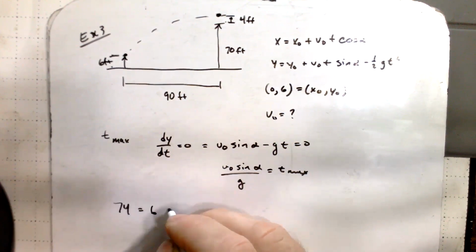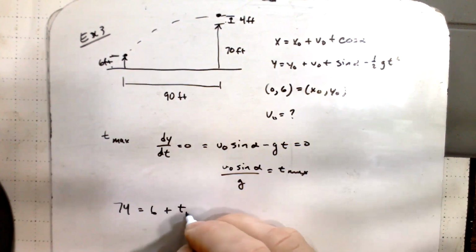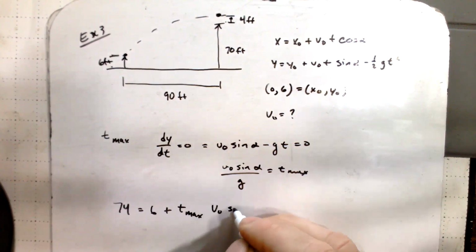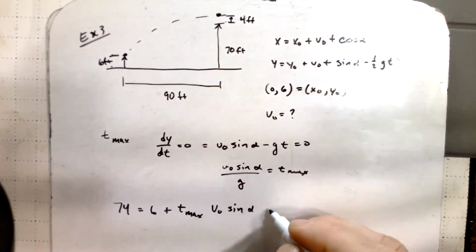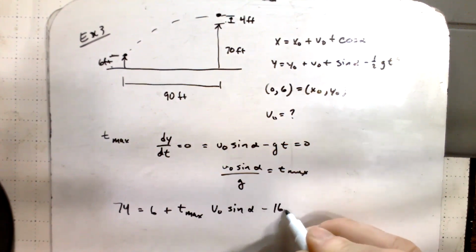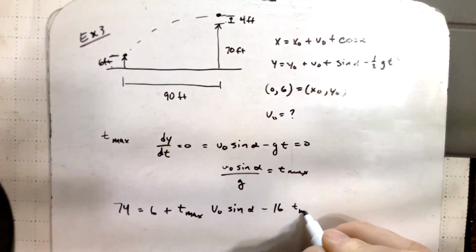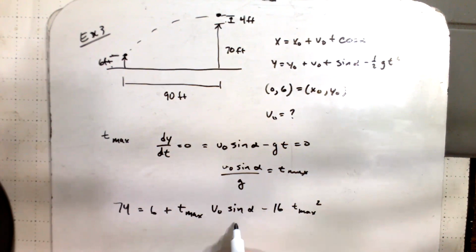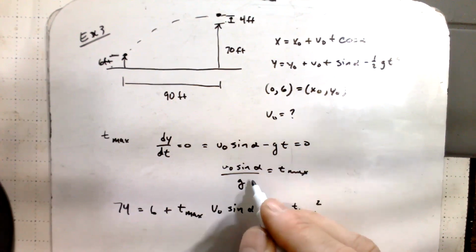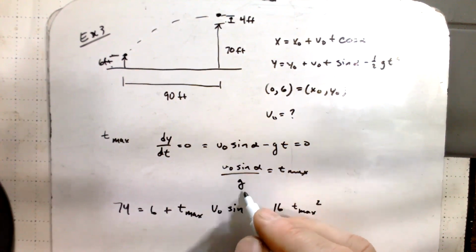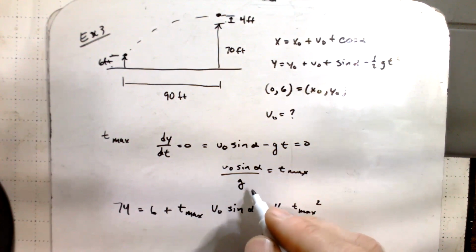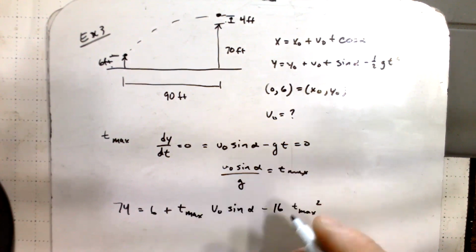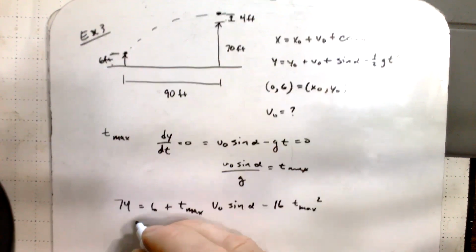The initial height was 6 plus T max times V naught sine alpha, since we don't know what those values are, minus, since this is in feet, half of 32 is 16, T max squared. What can we do? Subtract over. And we know that T max is V naught sine alpha over g, which is 32.